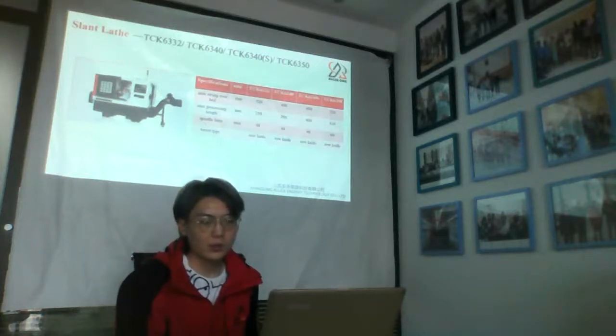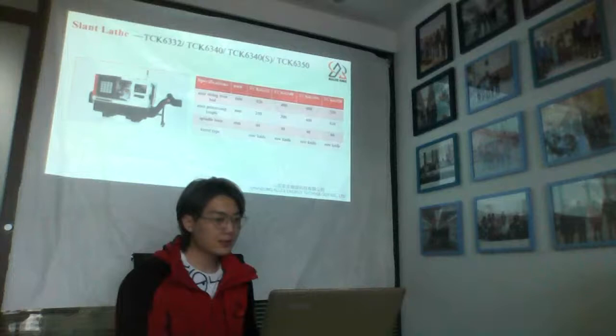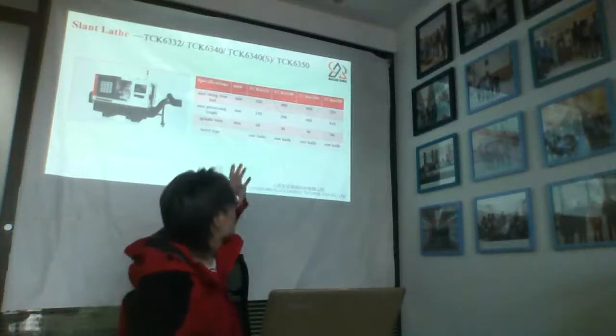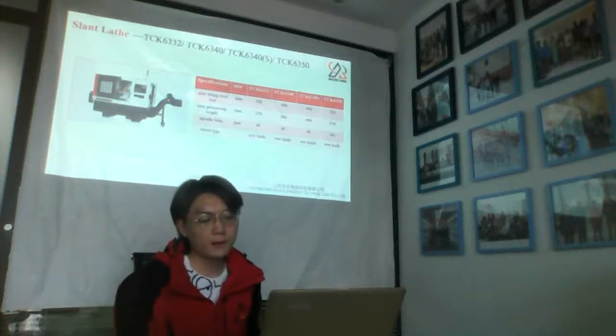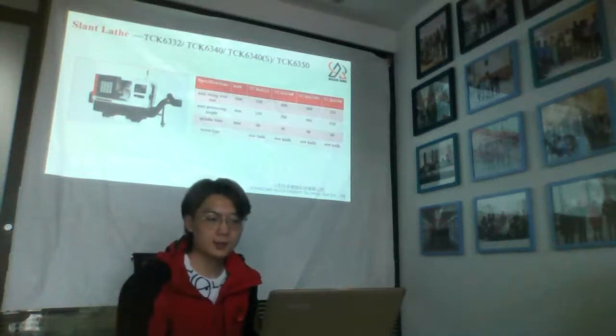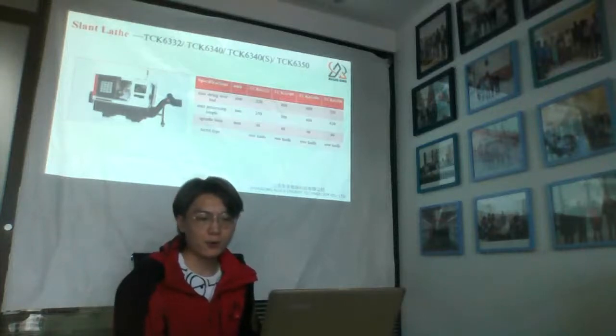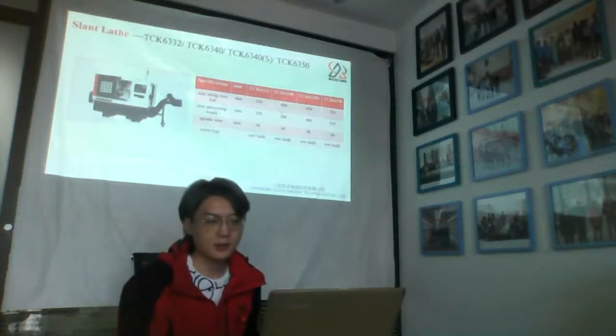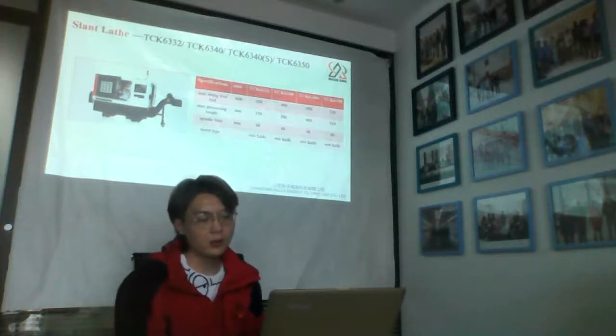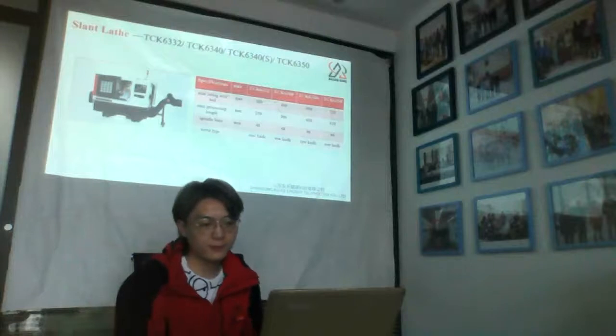And the spindle bore: for 6332, 6340 and the plus S, the spindle bore is all 48 millimeters. But for TCK 6350 it is 66 millimeters. And the turret type of these four types are all roll knife.